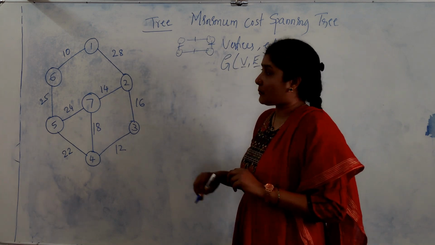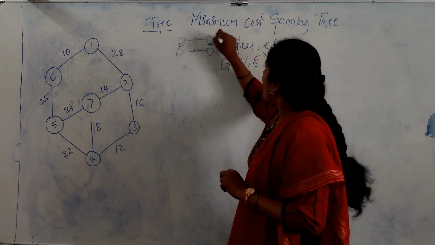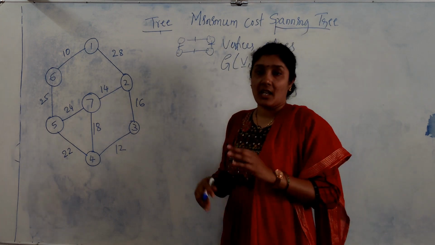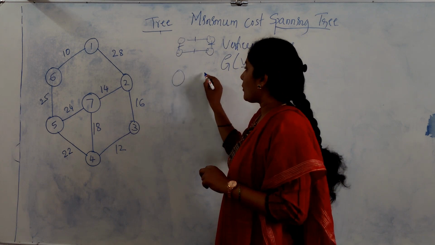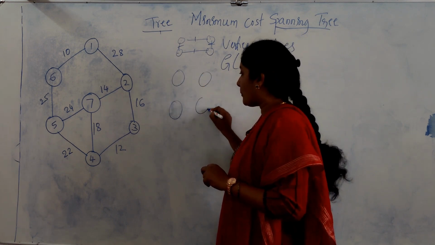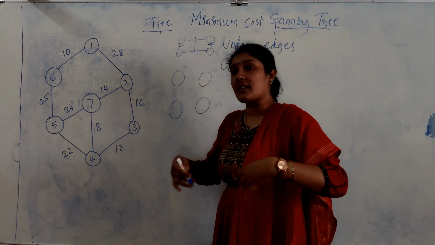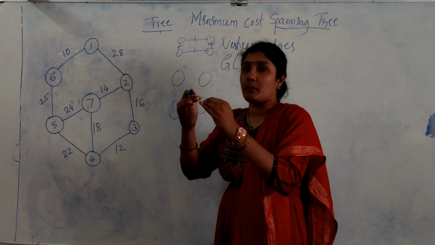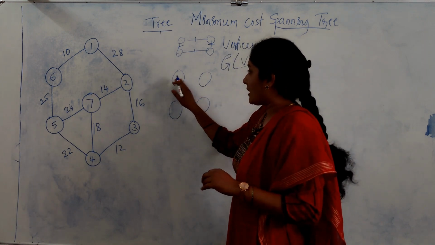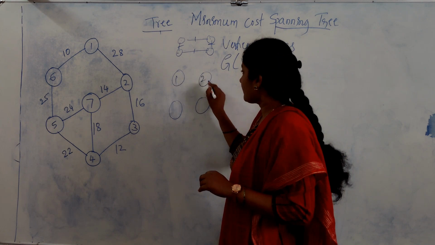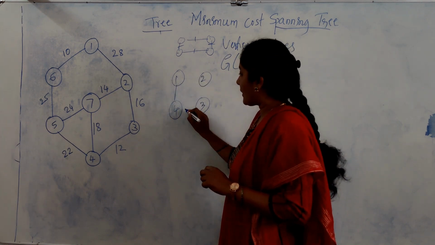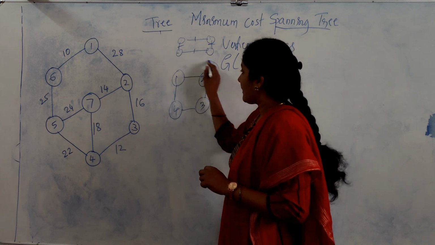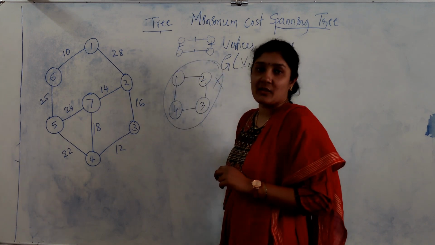the edges. Okay. In the tree, what is a spanning tree? Spanning tree means here also all the vertices are connected but without forming a circuit, meaning there is no closed path. For example, consider the vertices 1, 2, 3, 4. Okay, if I join the vertices like this, then this is not a spanning tree.